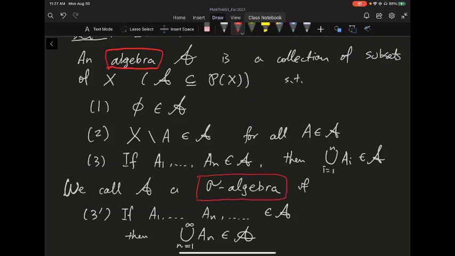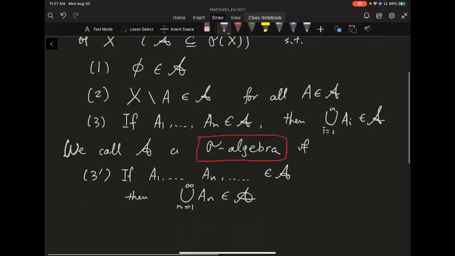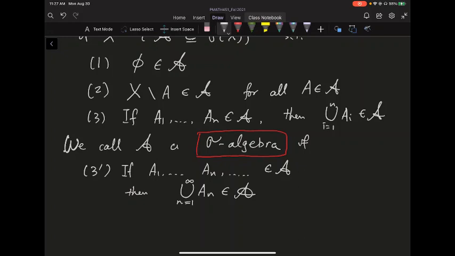So here the sigma is really saying the countable union part. Without sigma, you only require finite union, but for a sigma algebra, you require the countable union.